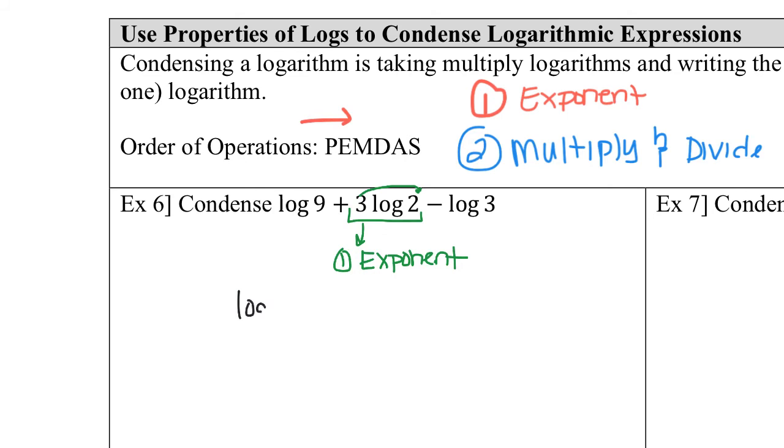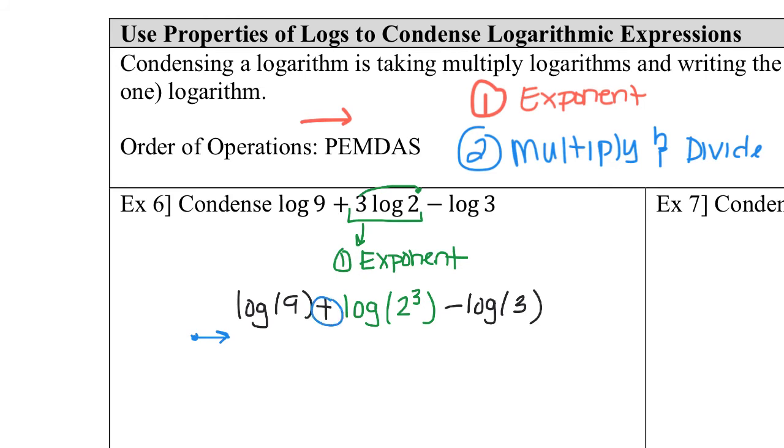So we have log of 9. I'm going to use parentheses to help. Plus, then we're going to change this guy to log of 2 to the third minus log of 3. So now that the exponents are taken care of, we're going to work multiply and divide left to right. So I'm going to start here and work to the right.